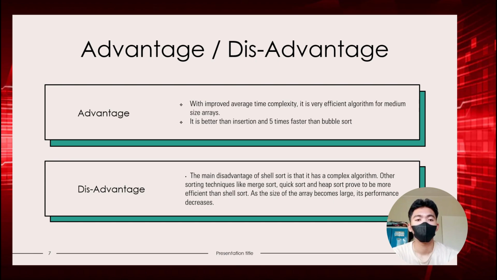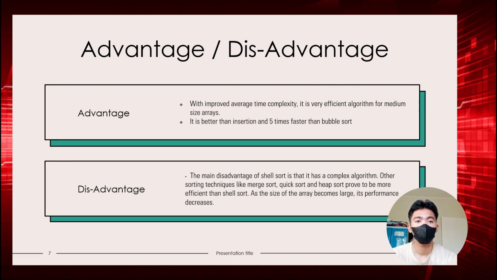Ibig sabihin, average meron itong tamang bilis at time complexity naman ay ang amount of time na tinitake ng isang algorithm para mag-run. Dahil nga sa average time complexity ng shell sort, mas naging efficient itong gamitin sa mga medium array size. Next, it is better than insertion and 5 times faster than bubble sort.